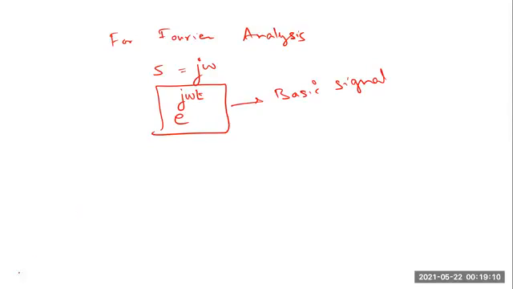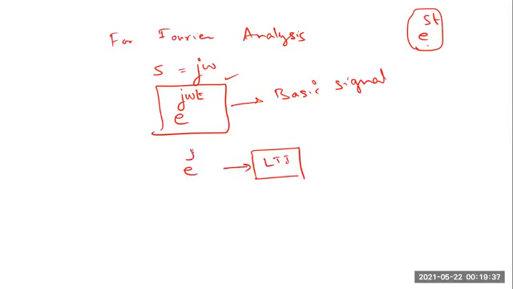Now, whatever the properties of e raised to power st were, the same properties are obeyed by this signal. In other words, if e raised to power st is the eigenfunction of an LTI system, then e raised to power j omega t is also an eigenfunction of an LTI system. The only thing that is going to change is this: if the input is e to the j omega t, what is going to be the output?